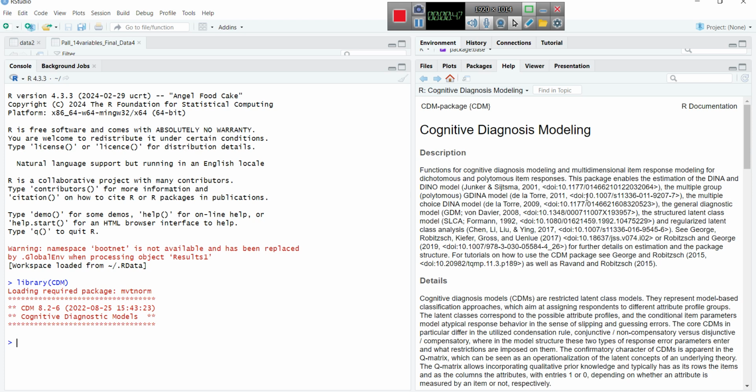provides you with some compensatory and non-compensatory models that help practitioners to specify the underlying skills and attributes for the students to answer test items correctly.